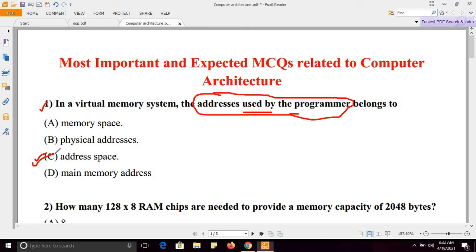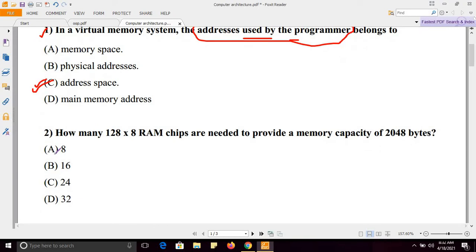Next question is numerical. So let's discuss. How many 128 by 8 RAM chips are needed to provide a memory capacity of 2048 bytes? Memory capacity which is required is 2048. And how many RAM chips? One RAM chip is of 128 into 8 bits.